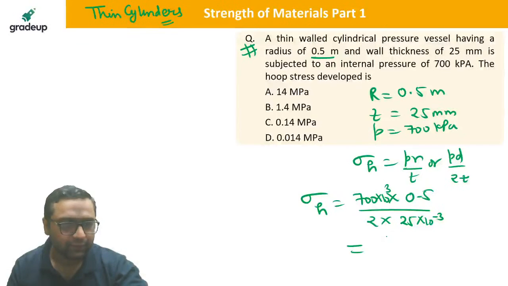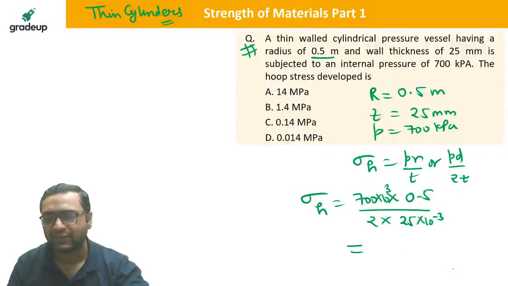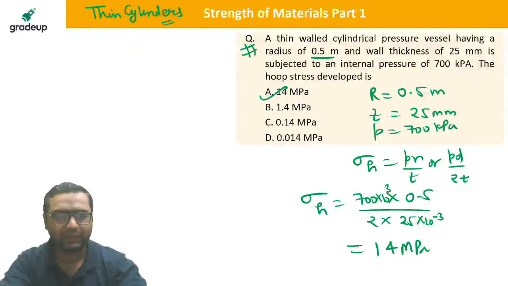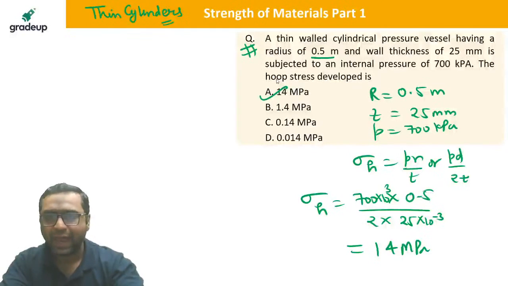Hi Amit. Morshid is saying the answer is to be A. Okay, it is 14 MPa, guys. A is the answer. Fine. On the app also, students have answered. Dheeraj, your answer is correct.